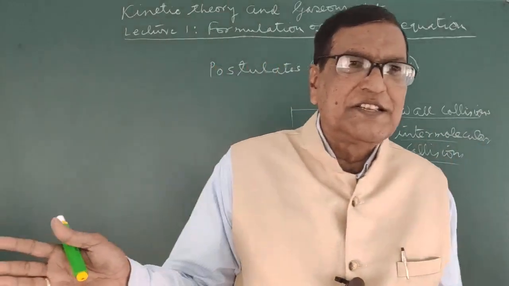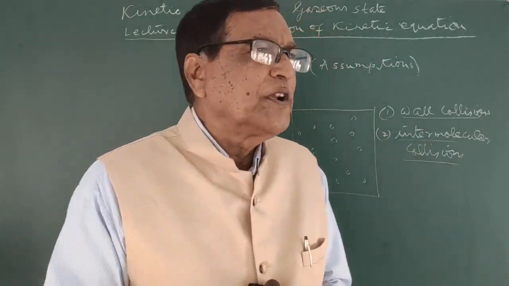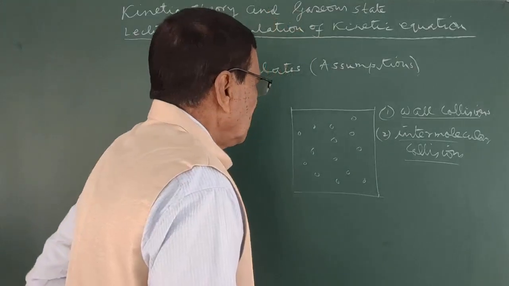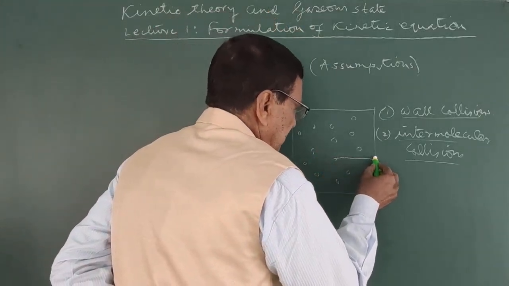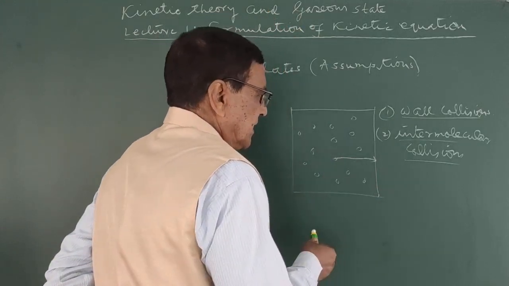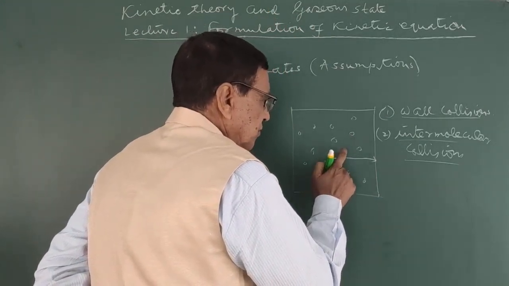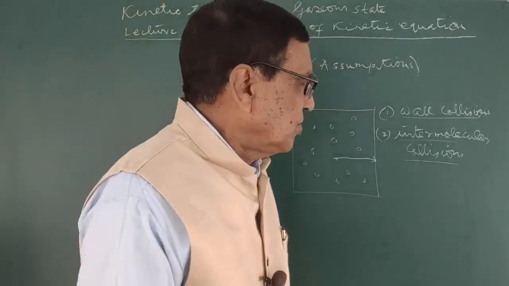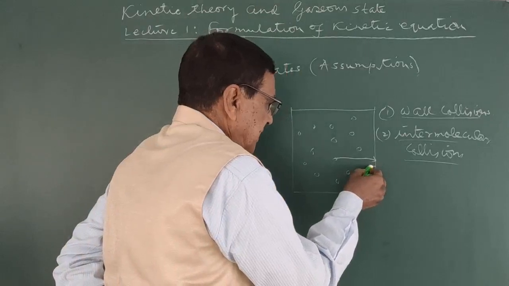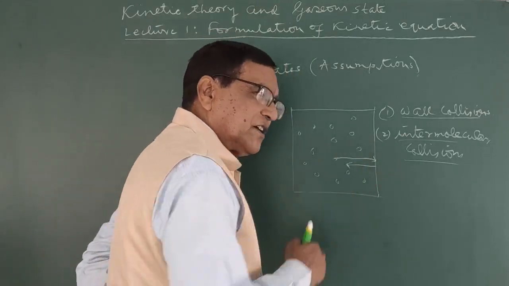Momentum remains unchanged, kinetic energy also remains unchanged. So whenever this molecule collides with the wall of the container, the collision of this molecule with the wall is perfectly elastic. So it comes back again after the collision.